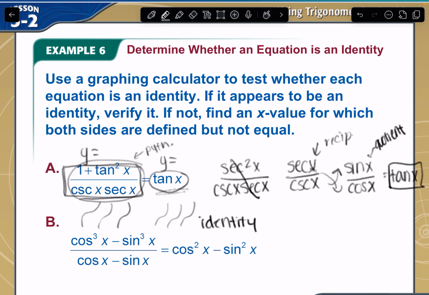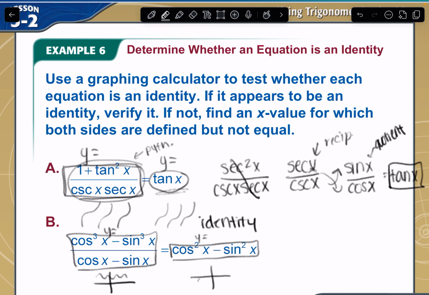Looking at part B, you're going to do the same thing. You're going to go to your graph, type in y equals, plug that chunk in, the other side, do y equals, plug that chunk in. You will see whenever you graph them that this looks like this, kind of just pretend that mine looks like your graph does, and then this looks like this.